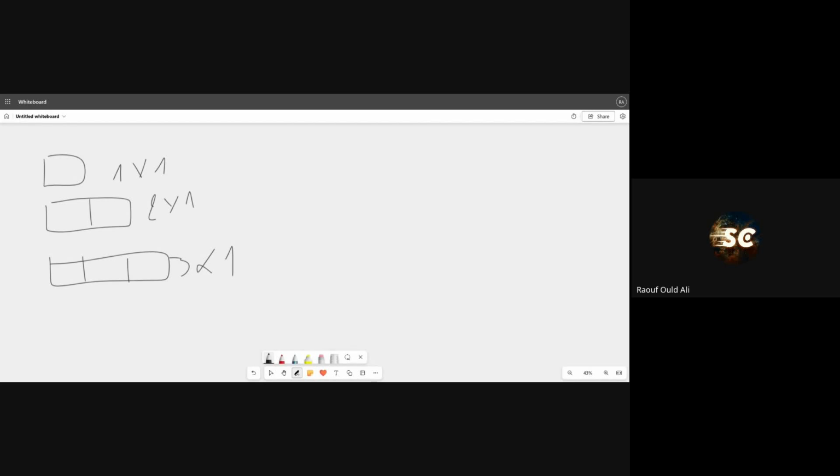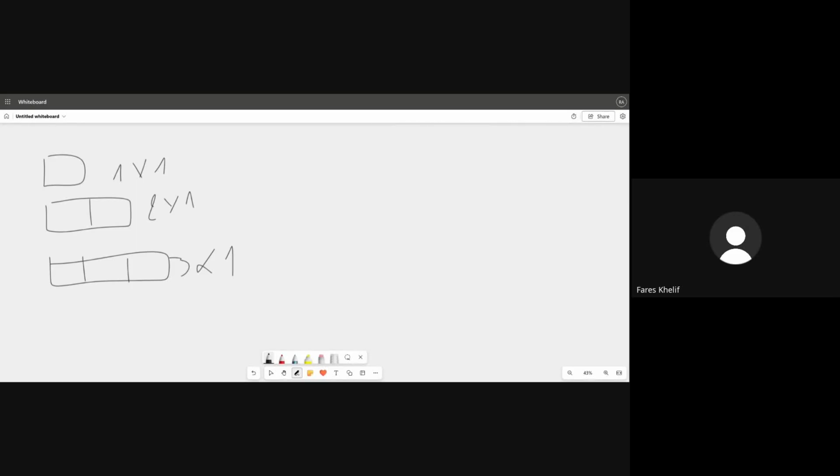Yes, Faris? With the top-down DP or with the bottom-up? However you want. So, with the bottom-up approach, we can have an array DP, which stores the number of ways we can fill the space till i, and we can either place a 1 by 1 block or 2 by 1 or 3 by 1.